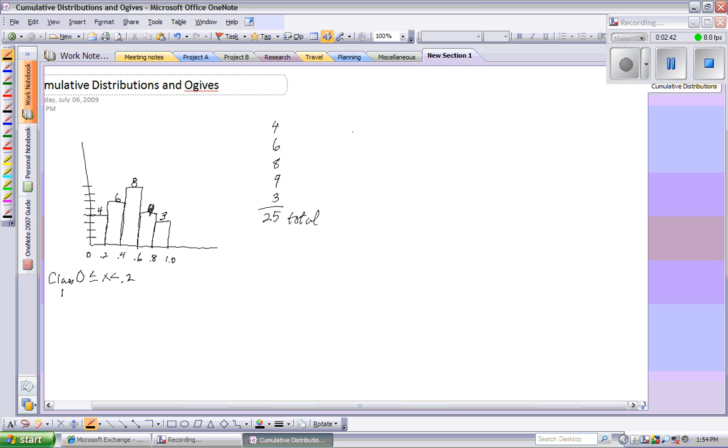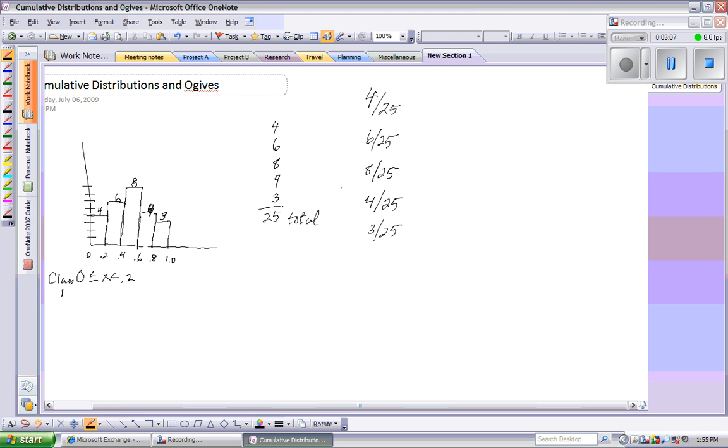Out of those 25, 4 out of 25 were in class 1, 6 out of 25 were in class 2, 8 out of 25 were in class 3, 4 out of 25 were in the fourth range, and 3 out of 25 were in the final range between 0.8 and 1.0.